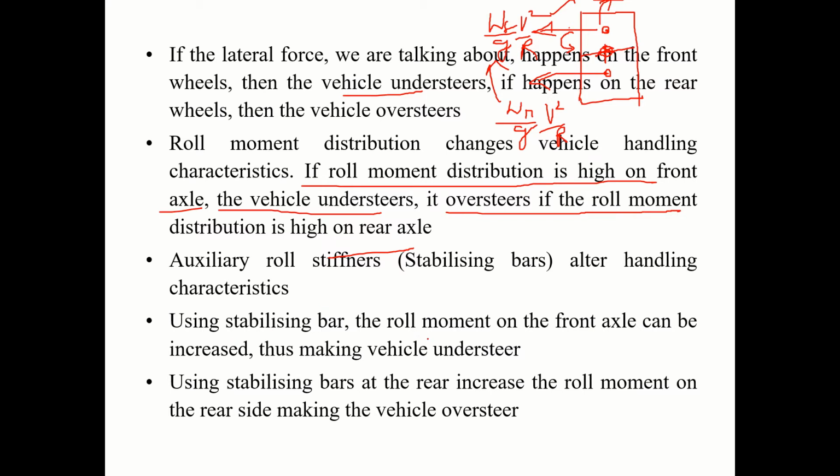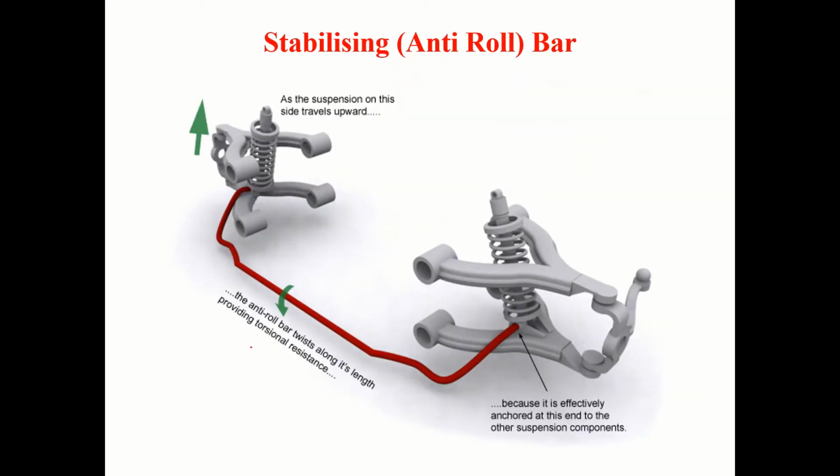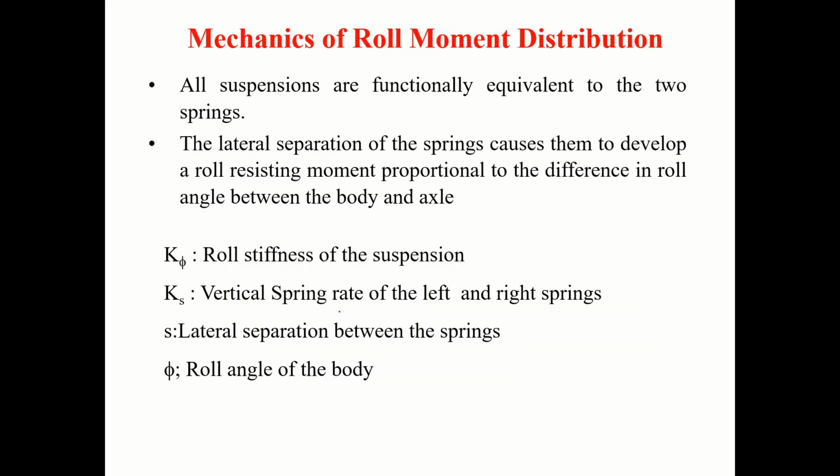Using a stabilizing bar, the roll moment on the front can be increased, thus making the vehicle understeer. Using stabilizing bars at the rear increases the roll moment on the rear side, making the vehicle oversteer. This is how we use the stabilizing bar, the anti-roll bar, like this.